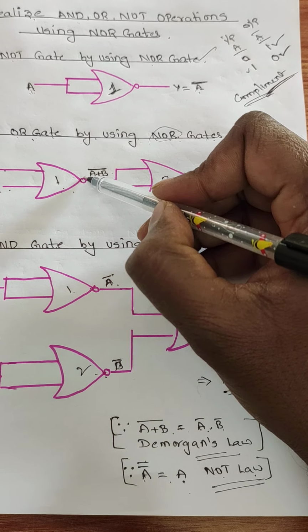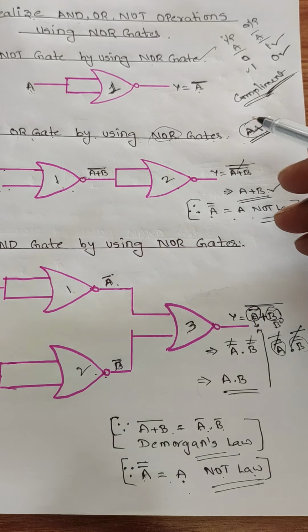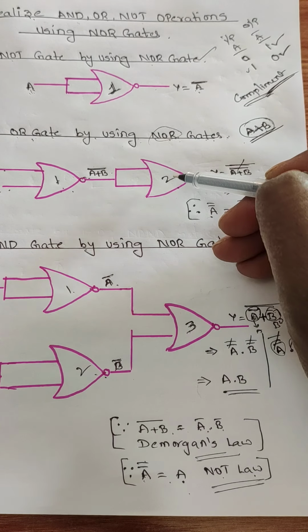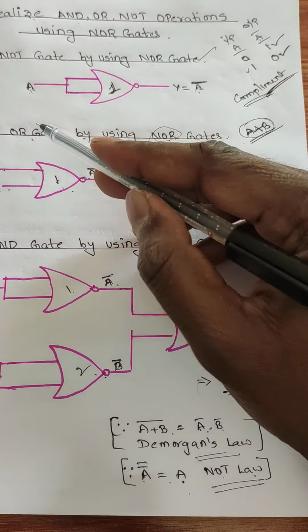So by using two NOR gates, we can construct OR gate.